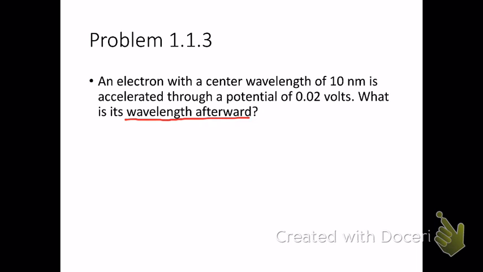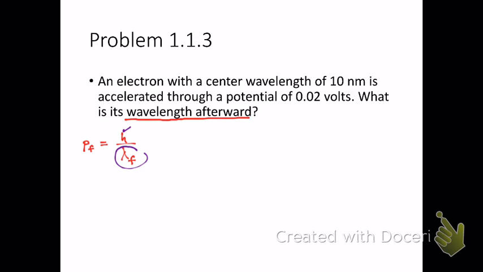And one equation we have is that the momentum is equal to the Planck constant over the wavelength. And just to indicate that we're talking about the final quantities, I'm going to put the subscript F. Now, what we're looking for here is lambda F, so I'm going to circle it.